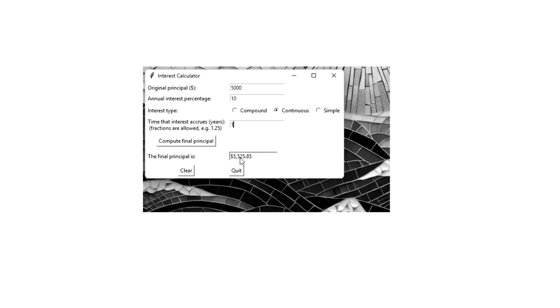Okay, so almost the same, which is, if you recall from my lecture on this topic, when n is large, in other words, the number of compounding periods is large, which it is here, 365 for the compounding interest, it comes very close to continuous interest. So we've kind of shown that.